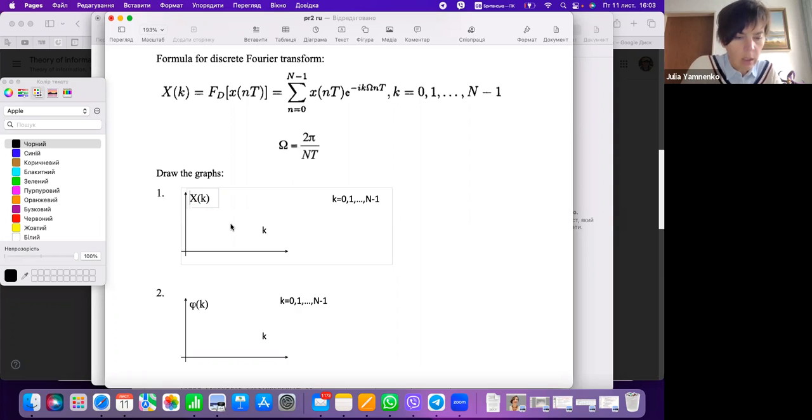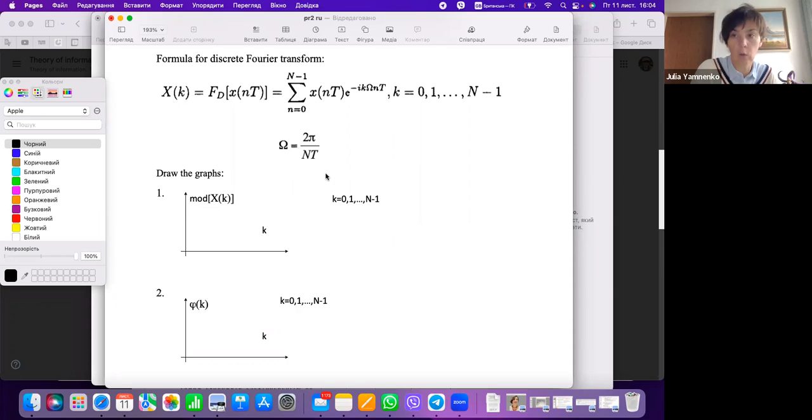So it's necessary to take the module of x from k.